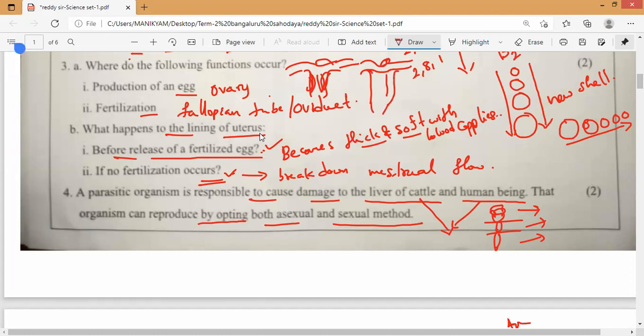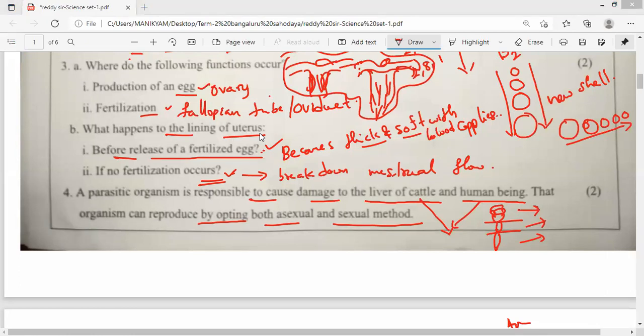Those 2 pictures I have shown and taught you. Have you remembered? In the exam, don't waste time with the diagram, because it is only a 2 mark question. Even if you write a single point, you will get the full mark. Once again see the diagrams and remember the concept well. This is all about section A.